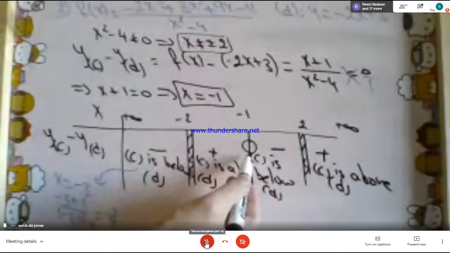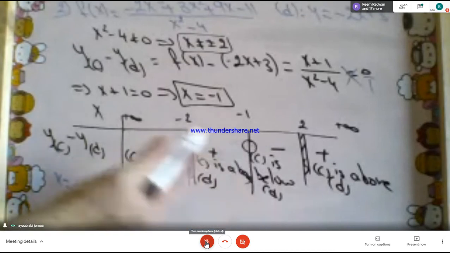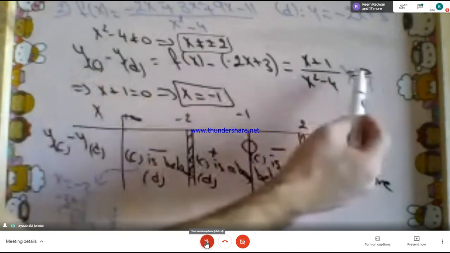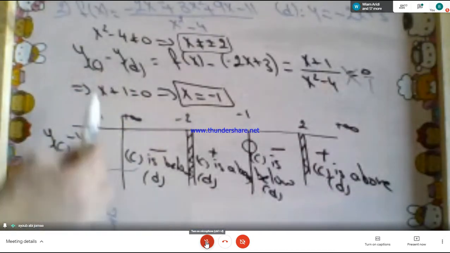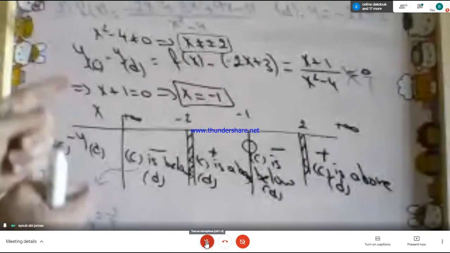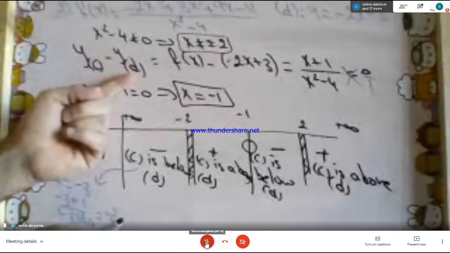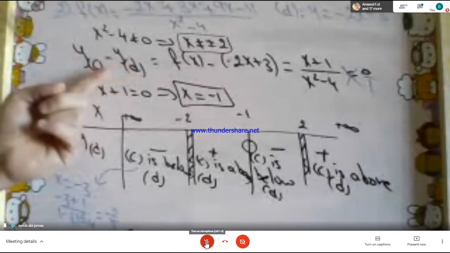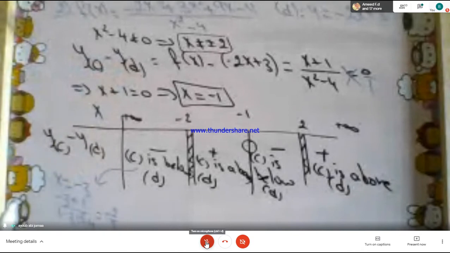At this point, we have intersection. When I say yc minus yd is equal to 0, it means that y of c is equal to y of d. It means that this point on the curve and the point on the line have the same abscissa and the same ordinate. Yes, it is the point of intersection.